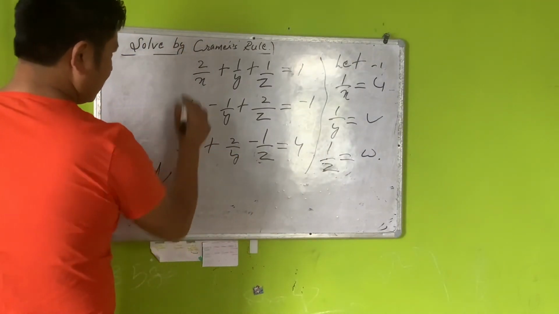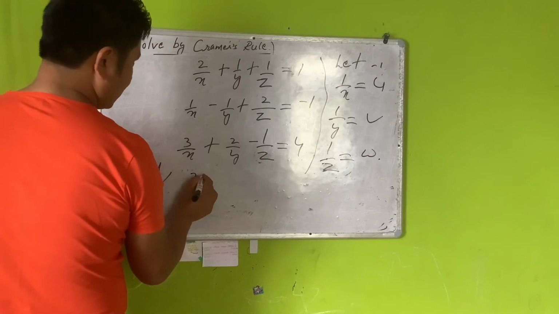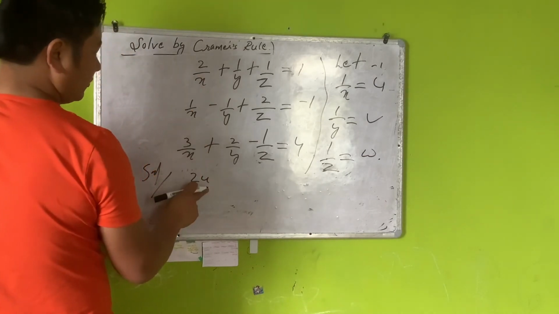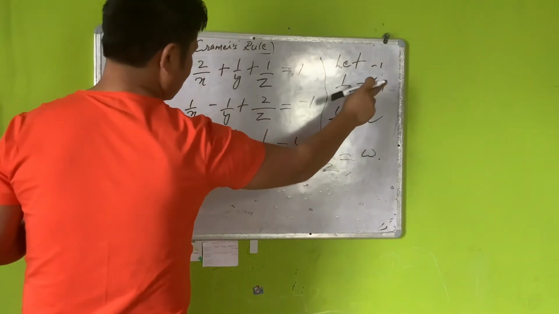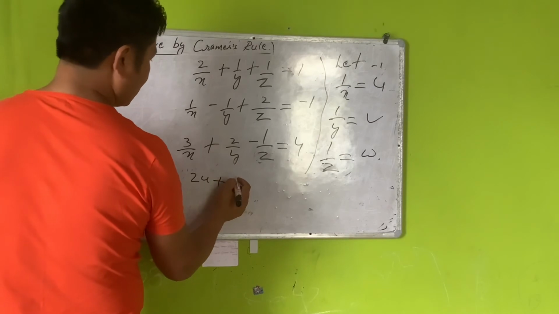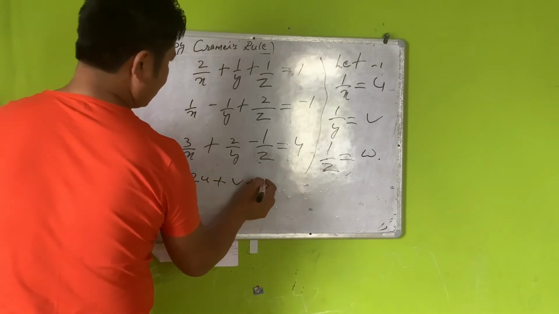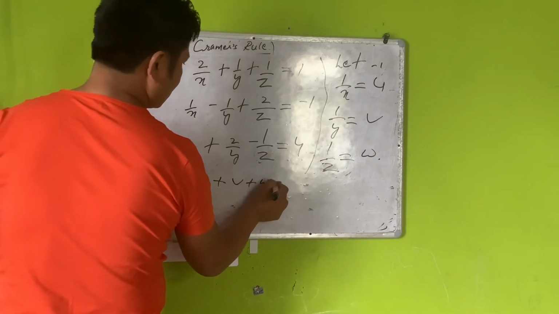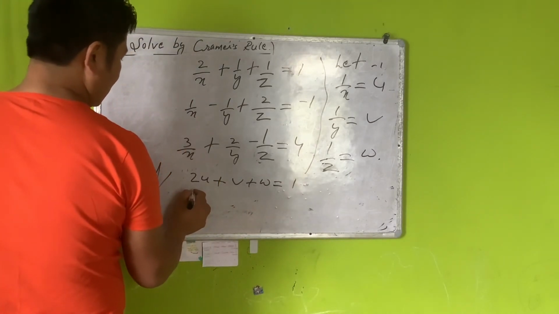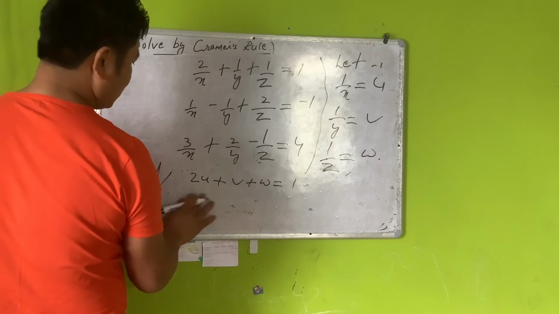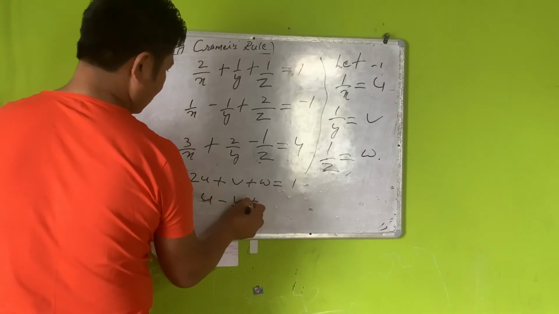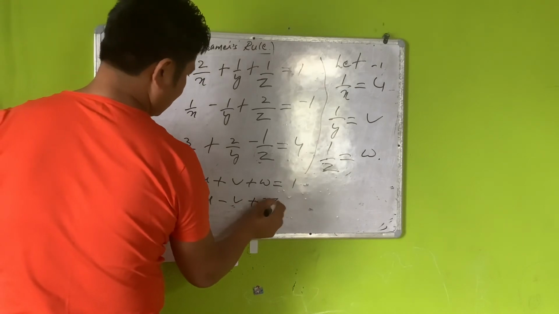So 2u, instead of writing 2 by x, you can now write 2u, because we have assumed 1 by x is equal to u. Plus 1 by y is v, plus 1 by z is w, is equal to 1. Now this one is u minus v plus 2w.